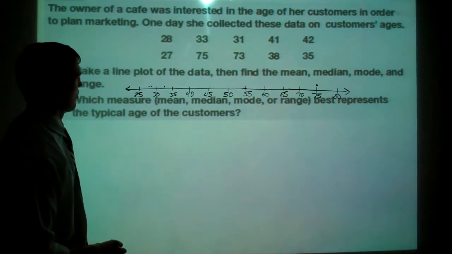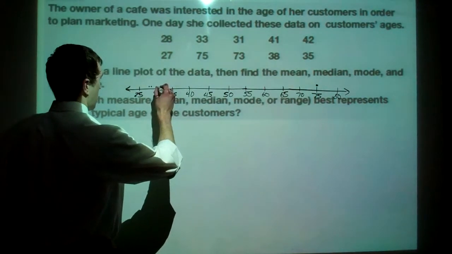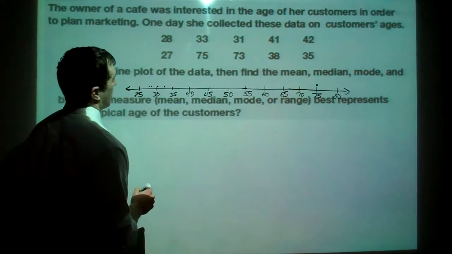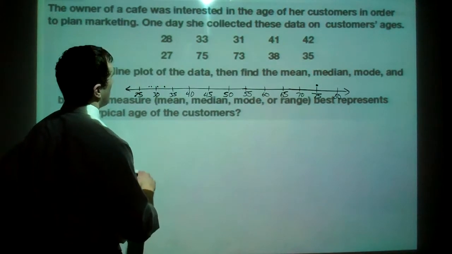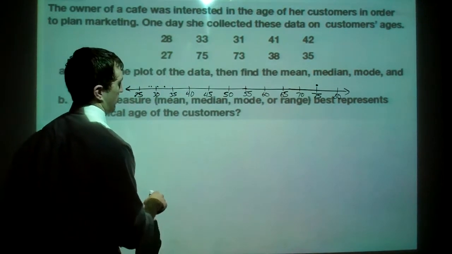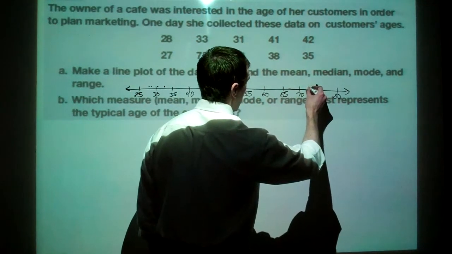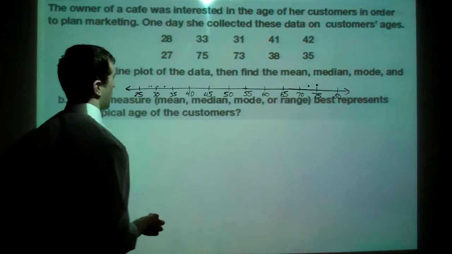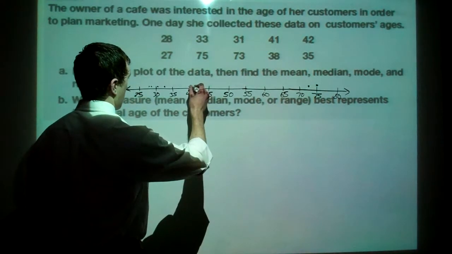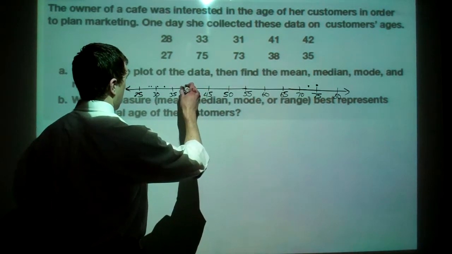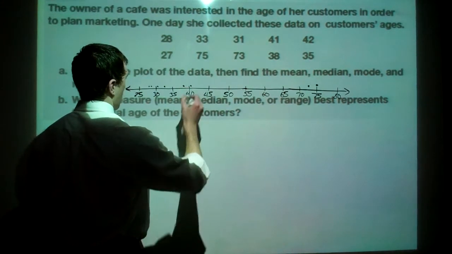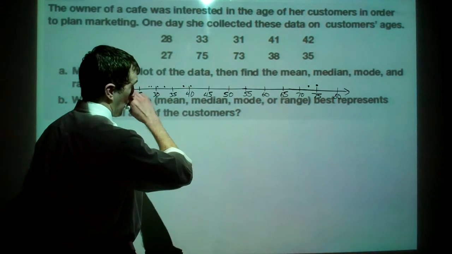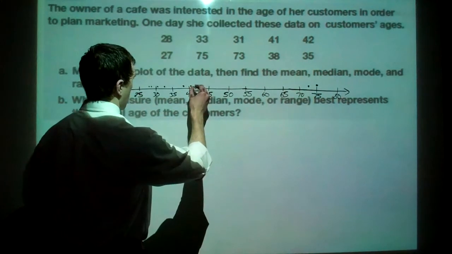How about 31, about right there, 30, 73.5 about right there. 41 and 38, 41, 38, and then 42 and 35.